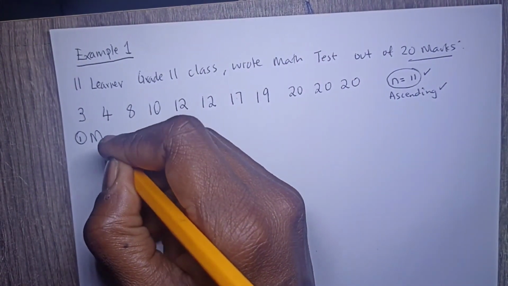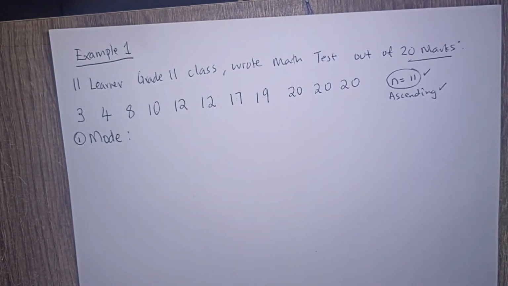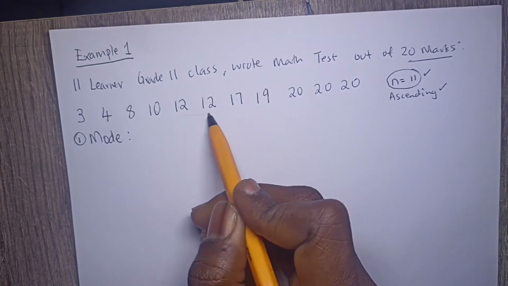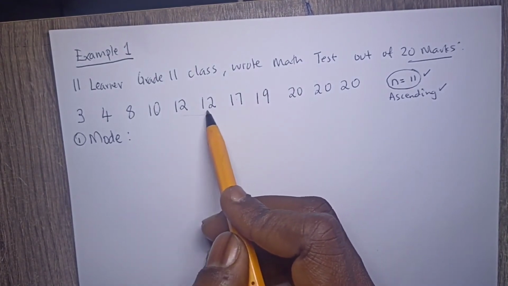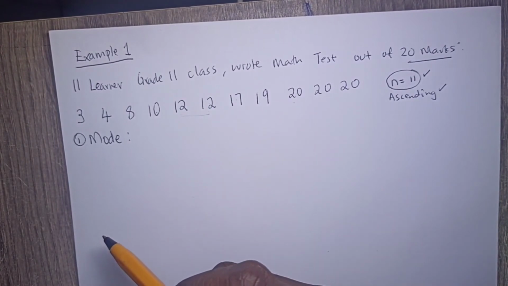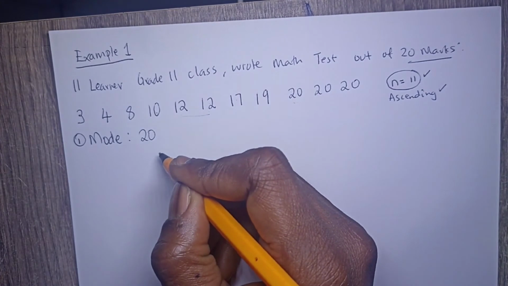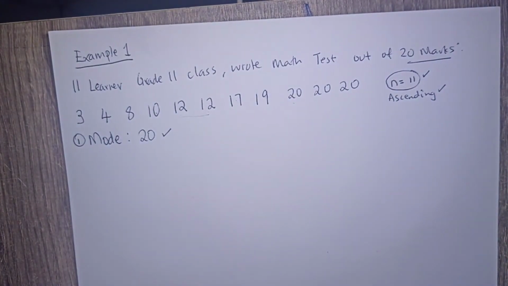So question number one, what is the mode? The mode is the most frequent number, as we said. So we look for numbers that repeat itself. 12 is repeating itself. 2 people got 12, but 3 people got 20. So what is the most frequent number? It's 20. 3 people got 20 marks.